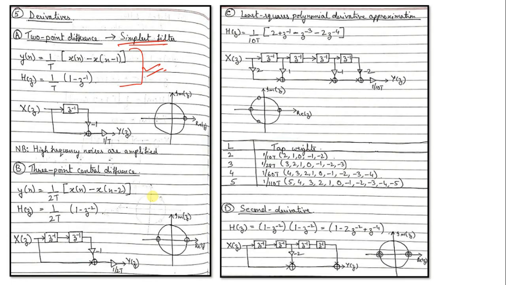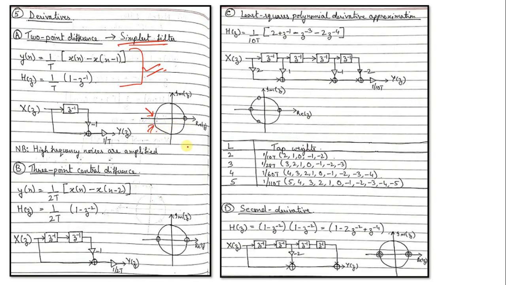So this is the simplest filter. Now the problem is that if you look into the pole zero plot, at the high frequency there is no zero. If you remember our filter designing class, by the placement of poles and zeros we discussed that the high frequency noise components will be amplified because there is nothing over here.